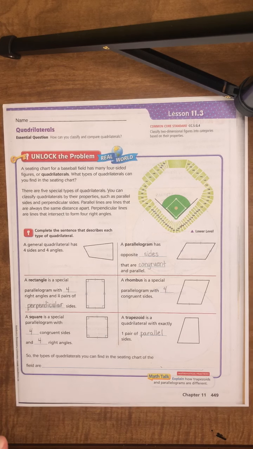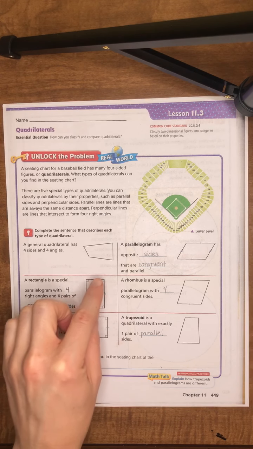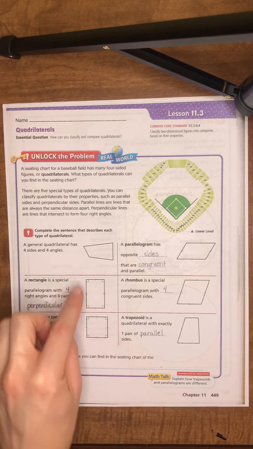So that means that it has 4 right angles in which the sides intersect. It also has 2 sets, one set one length and the other set a different length.